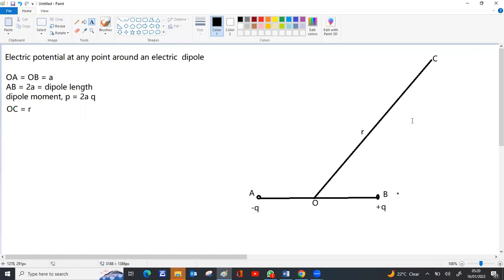Since there are two charges around point C, there will be two potentials, due to minus Q and plus Q. So for convenience, we are taking the distance from B to C as r1 and the distance from A to C as r2.